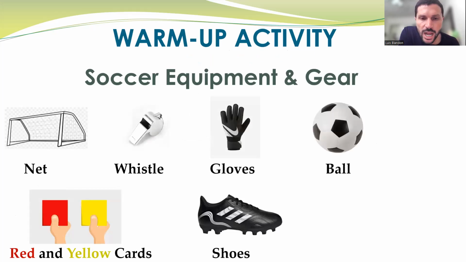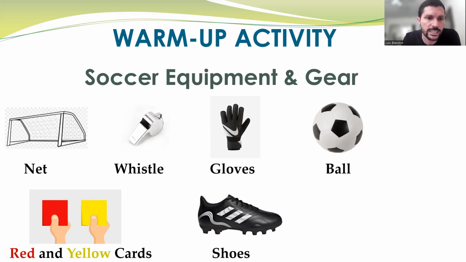So these objects right here are related to the game of soccer. So in soccer, we're going to start with the net. In soccer, we have something we call the net, okay? And it looks like this. So like I told you earlier, we're going to be doing some repetition.